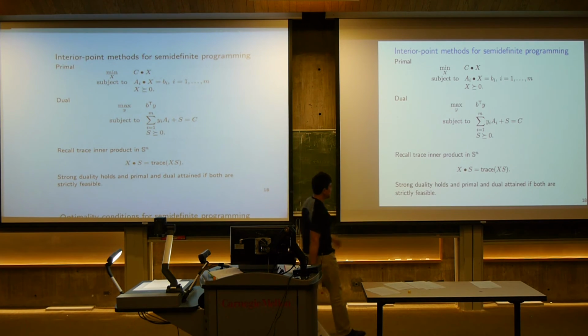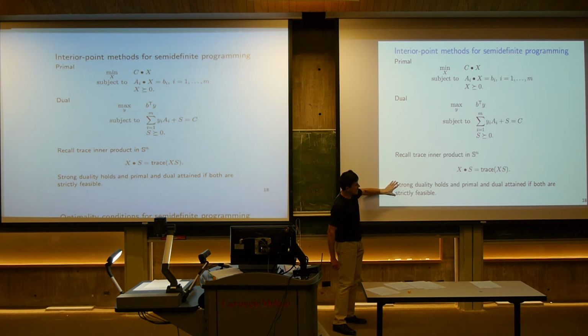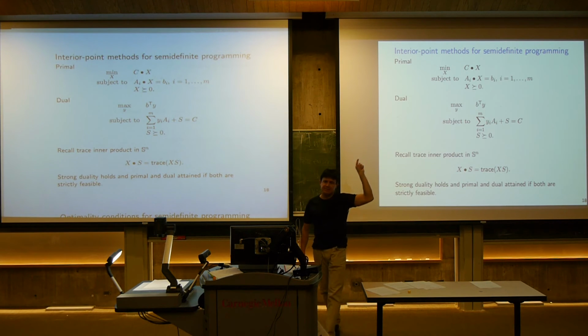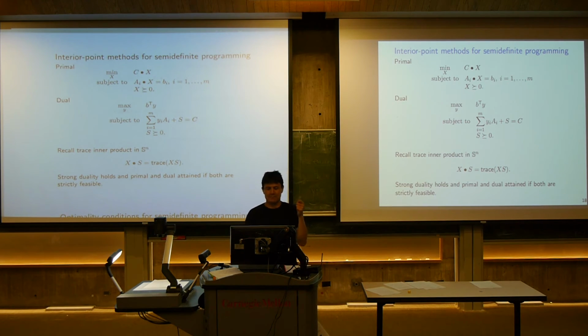And one important thing, which I was discussing at the end of our last class: these are special cases of conic programs. The duality doesn't always hold, but it holds if we have some kind of nice Slater condition.